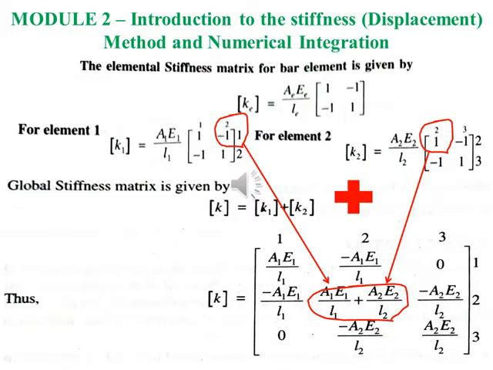So I will have to add it up, A1 E1 divided by L1 plus A2 E2 divided by L2. So you can observe only at node 2 the adding up happens, whereas at all other places it is just the values that are there in either of the elemental stiffness matrices. Only at node 2 the adding up happens.